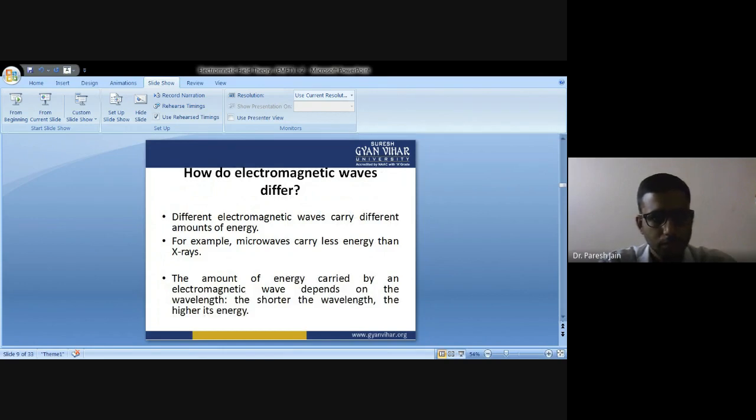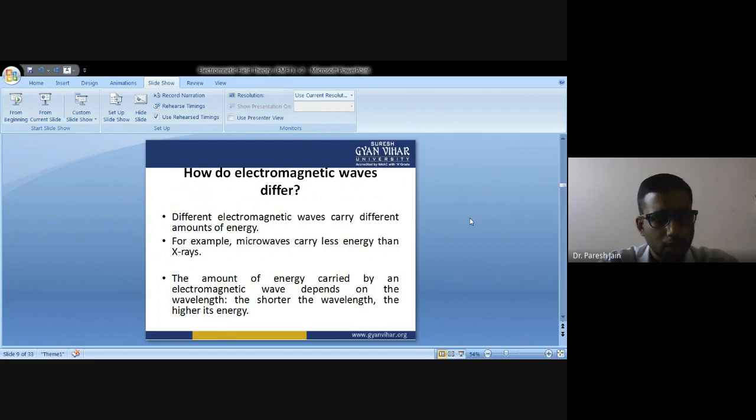Next, how do electromagnetic waves differ from other waves? Different electromagnetic waves carry different amounts of energy. Means, according to the frequency range, the electromagnetic waves carry different amounts of energy.